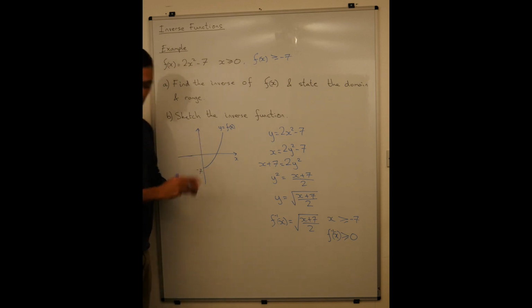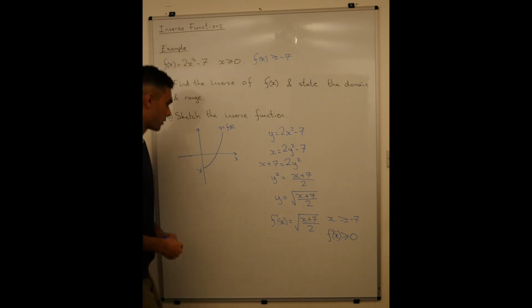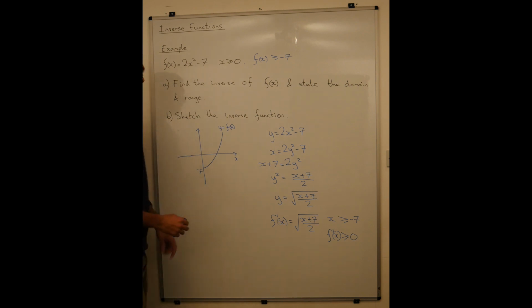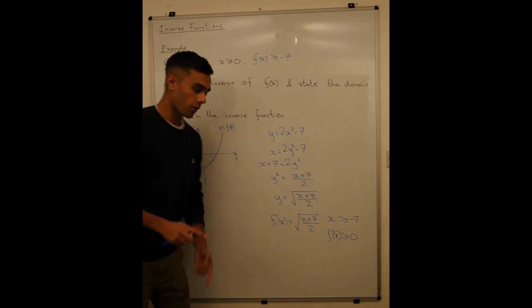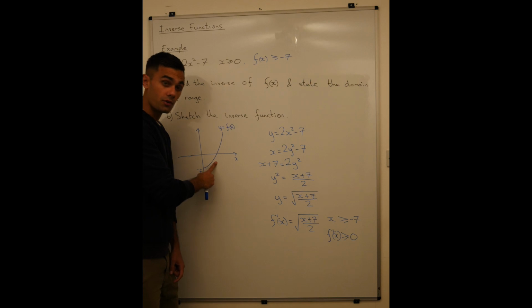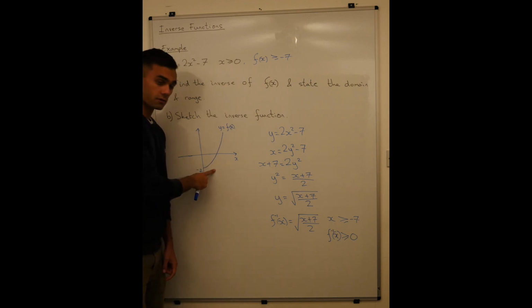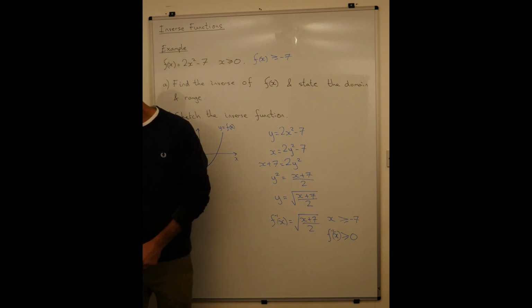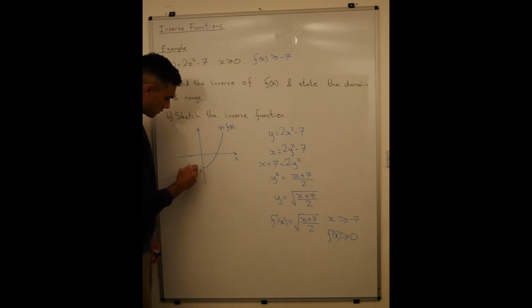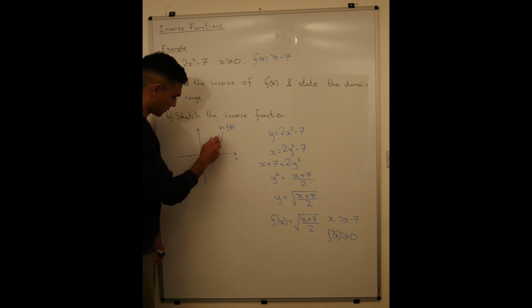Next up, we need to sketch the inverse function. So I'm going to use this sketch here. Now in a previous video, we said that to sketch the inverse, you simply reflect the original function in the line y equals x. I'm going to draw y equals x. There we go.